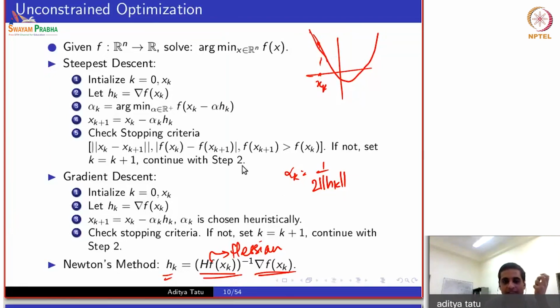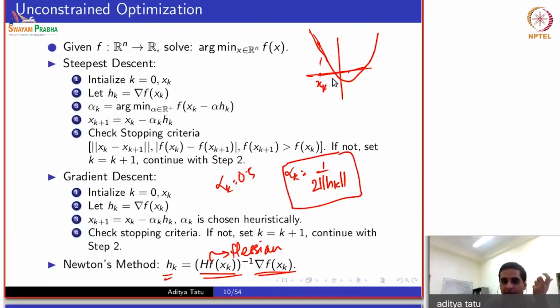If I use the same alpha k, let's say alpha k is fixed to 0.5, that means I'm going to take a very large step in this direction, and I may miss the minima. That's going to cause what's called overshoot. So you need to carefully select alpha k as well. If I do something like this, I'm normalizing the step size with the gradient magnitude.